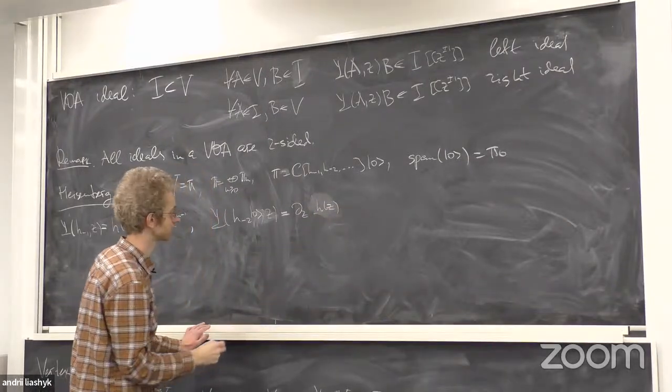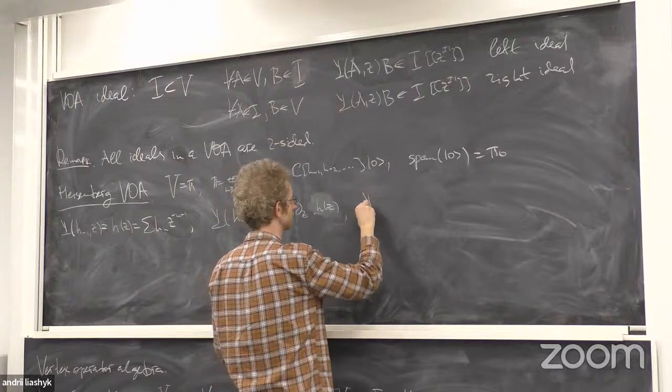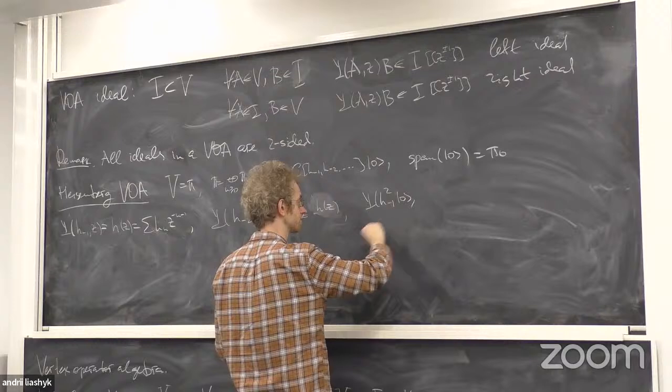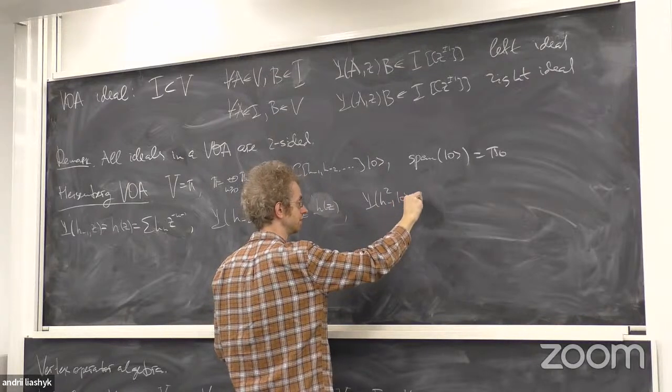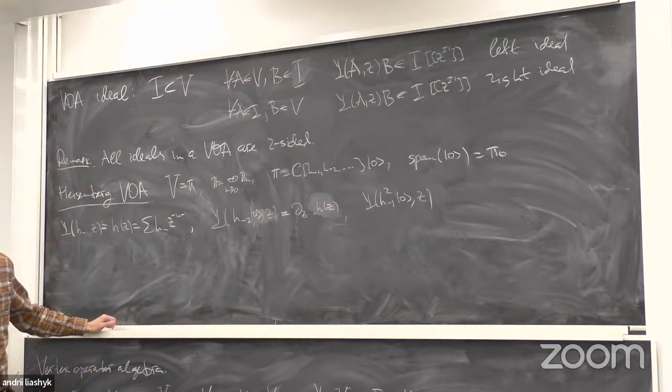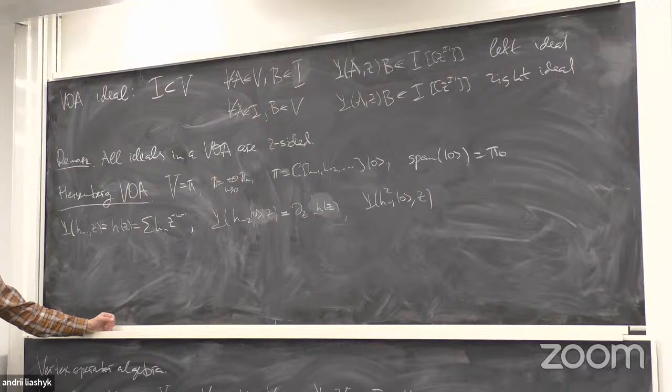Okay, and there is one more thing, one more vector on the second layer. It's Y of h minus 1 squared applied to the vacuum. So far I'm just defining this.